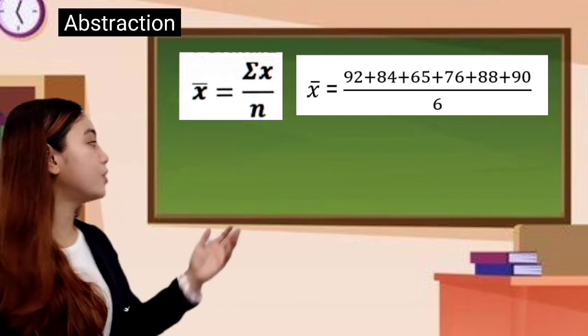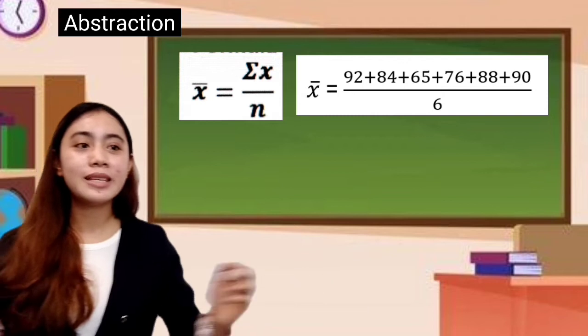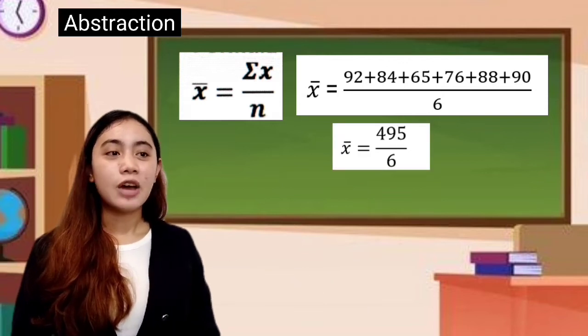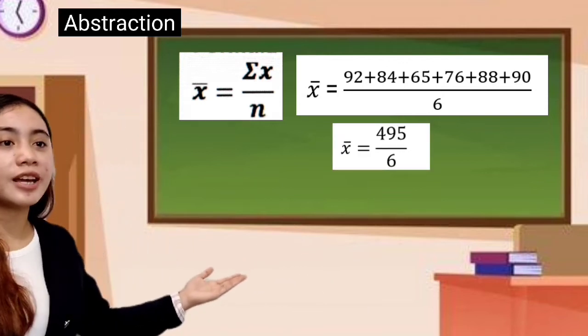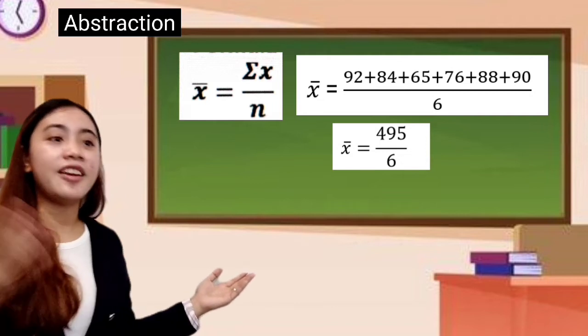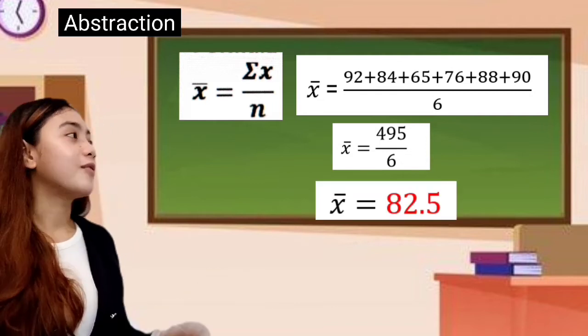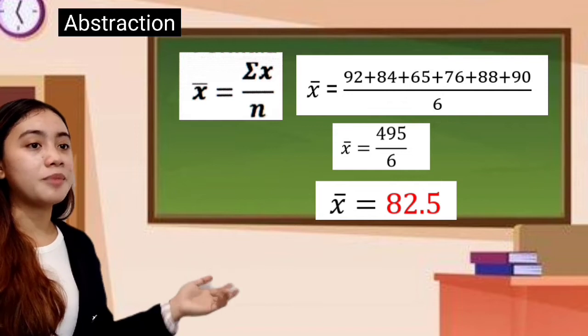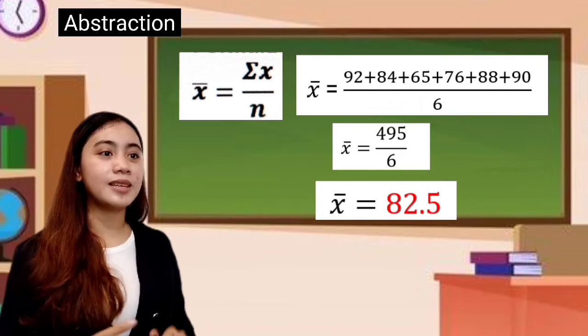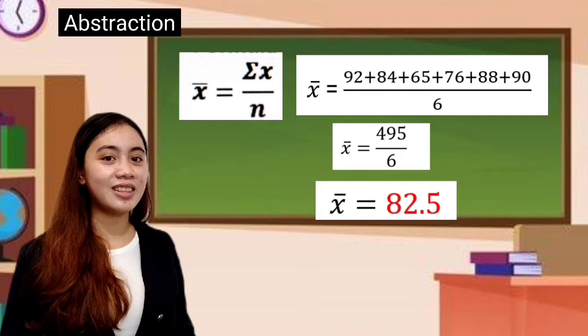So 6. Everybody please calculate. We have 495 divided by 6 and the answer is, very good, 82.5. Hence, the mean score of the 6 friends is 82.5.